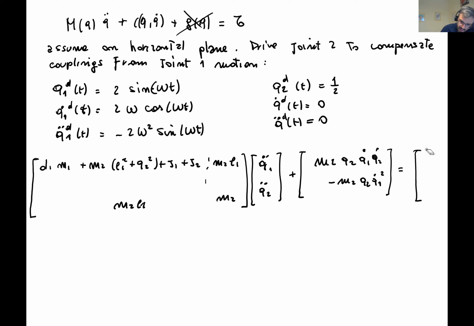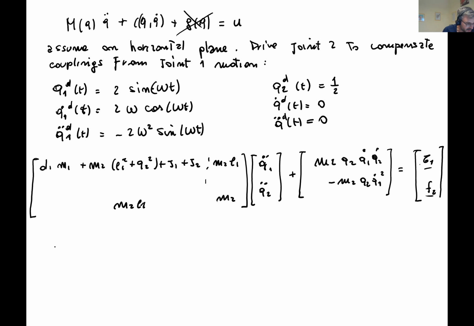Sorry, this is wrong. This was y. They are generalized forces, and specifically the first joint, you remember, is a rotational joint, but the second one is a prismatic joint. So you have a torque and a force.